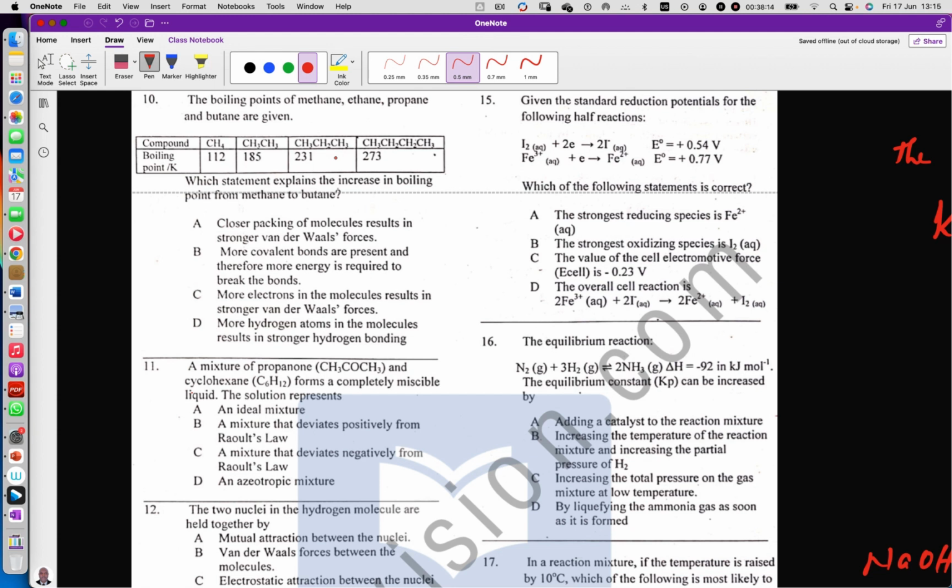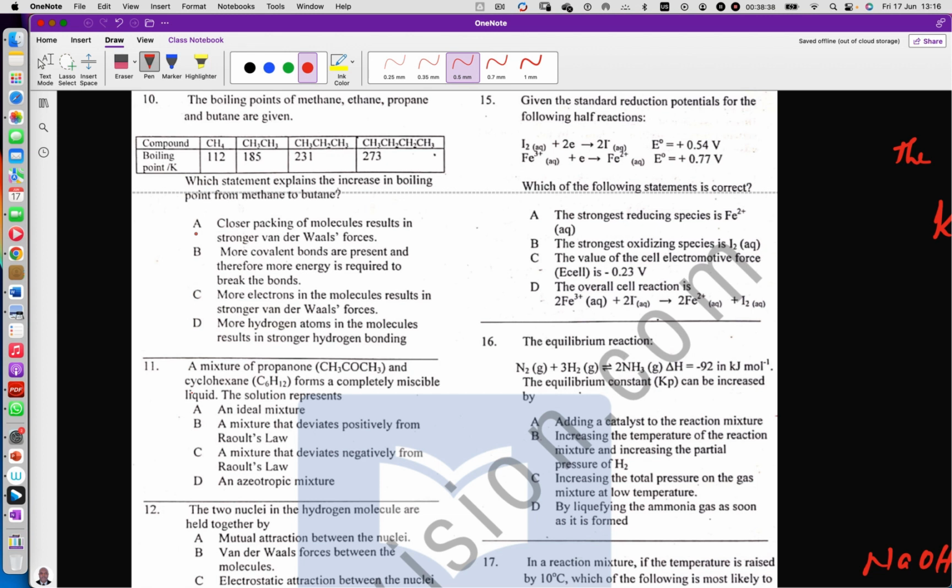So going to our column of answers, more electrons in the molecule result in stronger van der Waals forces. When you see such things, one, check electrons, whether there are more electrons. If they mention more electrons, and the electrons increase by the increase in molecular mass, then check the van der Waals forces.